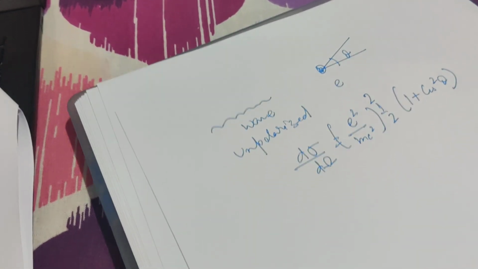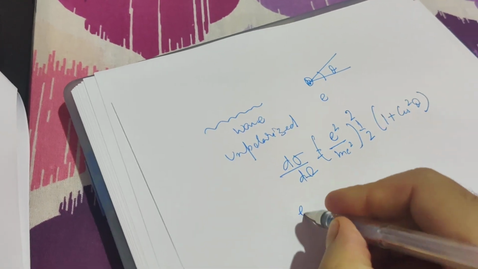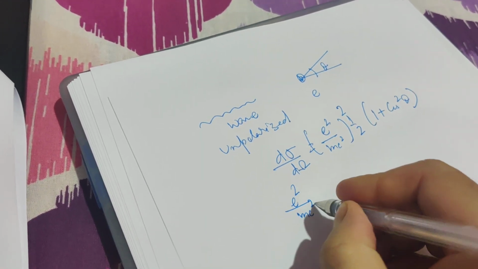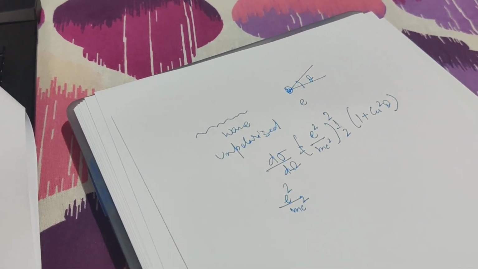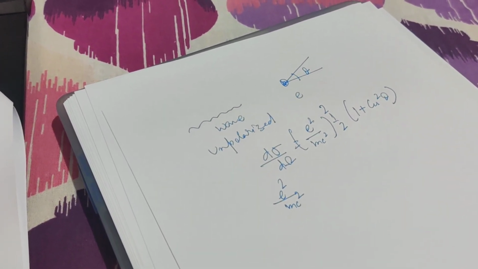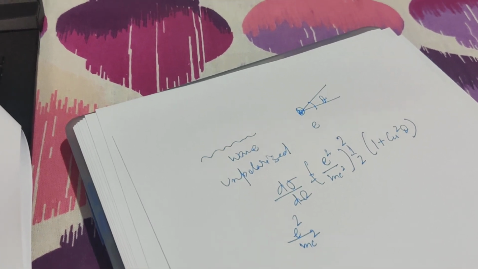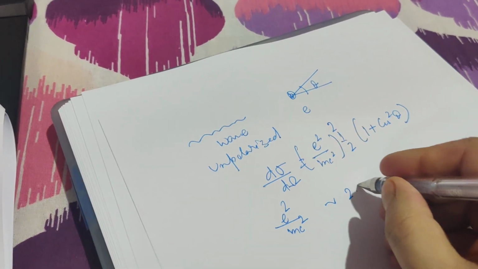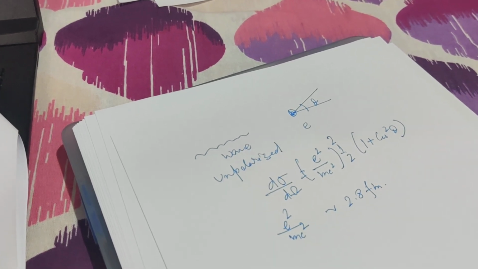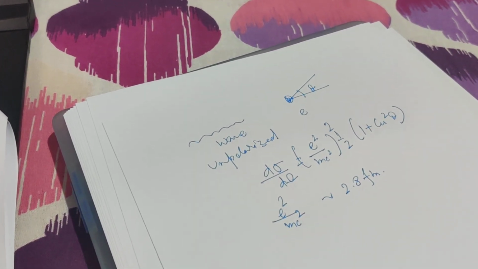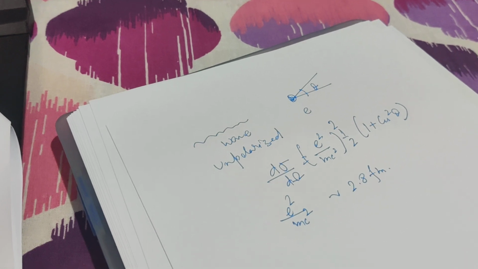Indeed, this quantity e square upon m c square is called the classical electron radius, and it is about 2.8 femtometer, which is much bigger than a proton.